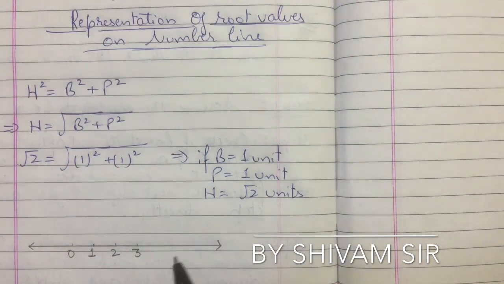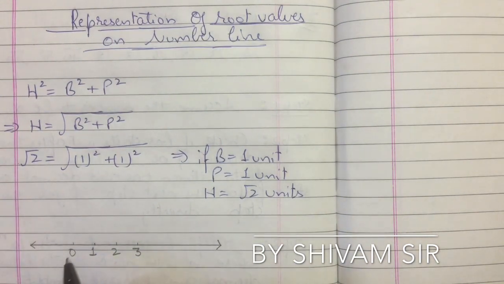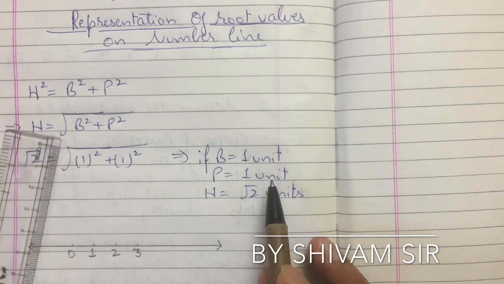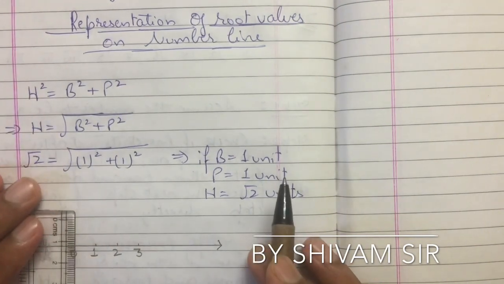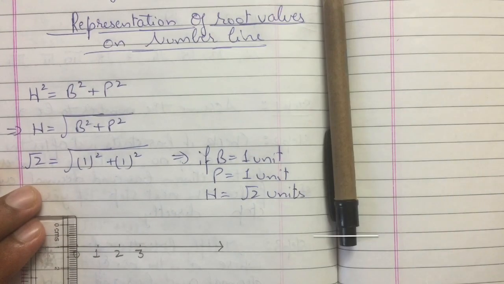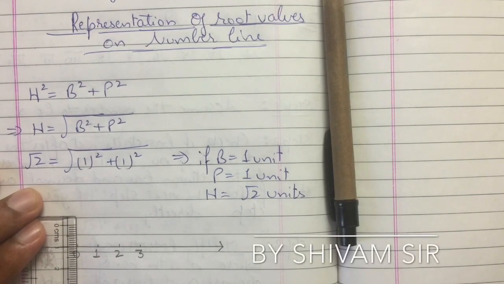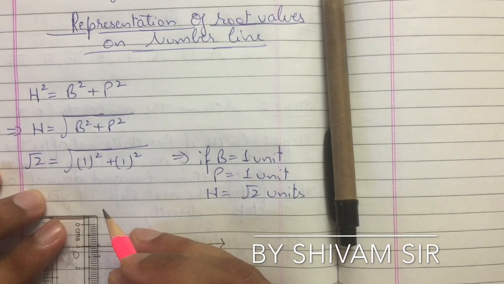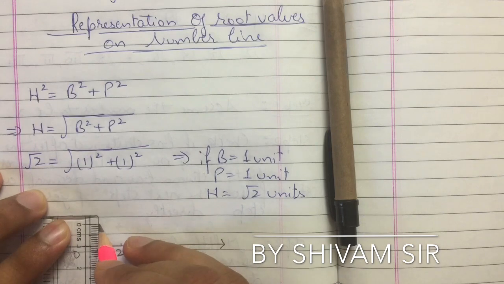So here I have drawn a number line. So bisections we have taken 1 unit as 1 centimeter. So 0, 1, 2, 3. So if we take base as 1 unit and perpendicular as 1 unit, draw 1 centimeter perpendicular line on this point.